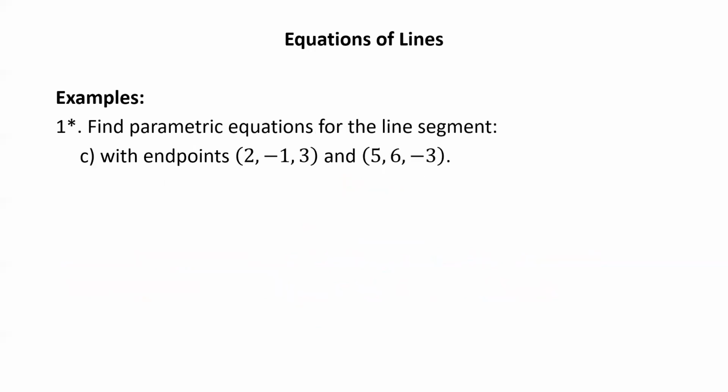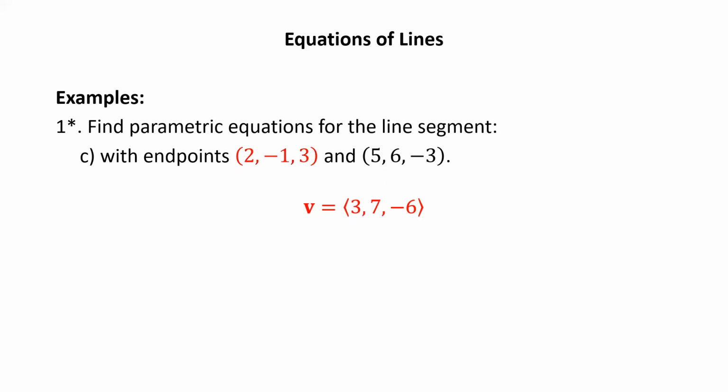Okay, now I just want to adjust that question slightly. Instead of finding parametric equations for a line, let's find parametric equations for the line segment with endpoints (2, -1, 3) and (5, 6, -3). Now, if we follow the exact procedure that we just did for finding the parametric equations of the line, then we get a particularly nice parametrization of the line segment.